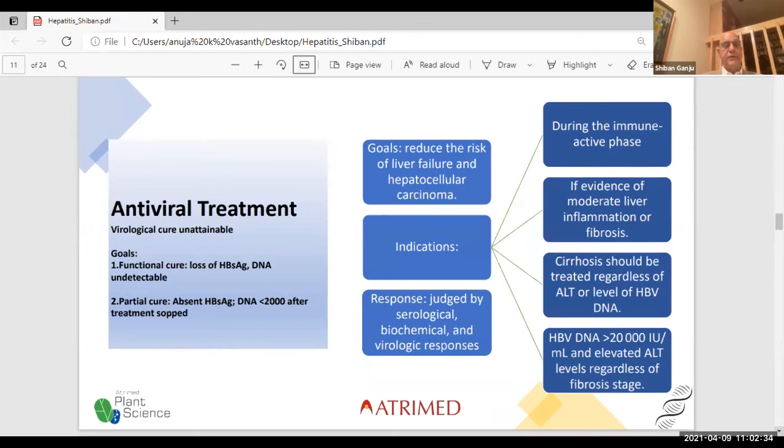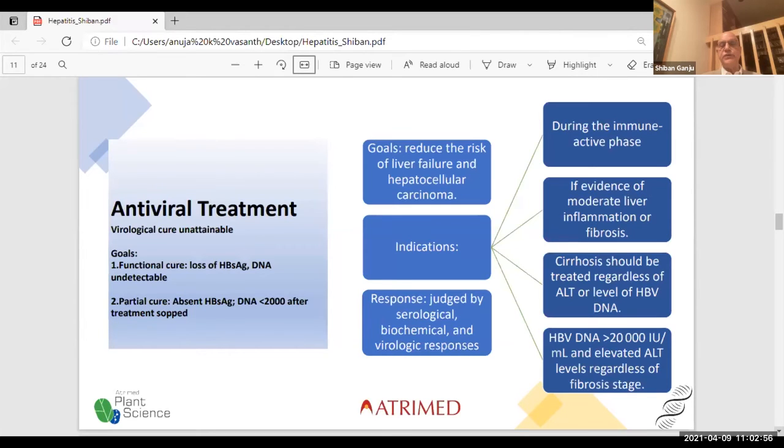And the second is a partial cure, which is more common, where hepatitis B surface antigen has disappeared and DNA is less than 2,000. As I mentioned earlier, these can reactivate, where the DNA becomes more than 20,000 and hepatitis B surface antigen can show up in the blood again.